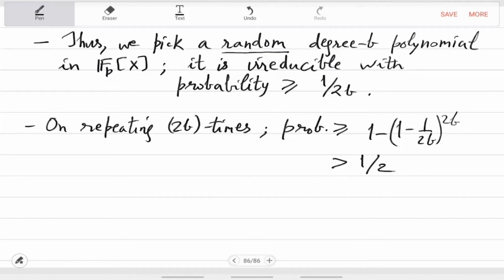Second problem was the question of factoring bivariate polynomials. For that we have currently no algorithm. I mean, we have not seen any algorithm in this class. Only one we saw was for univariate. So, now we will reduce bivariate to univariate factorization.